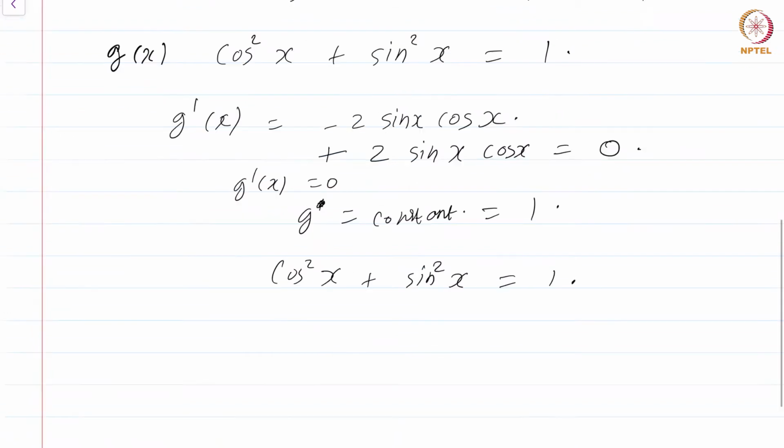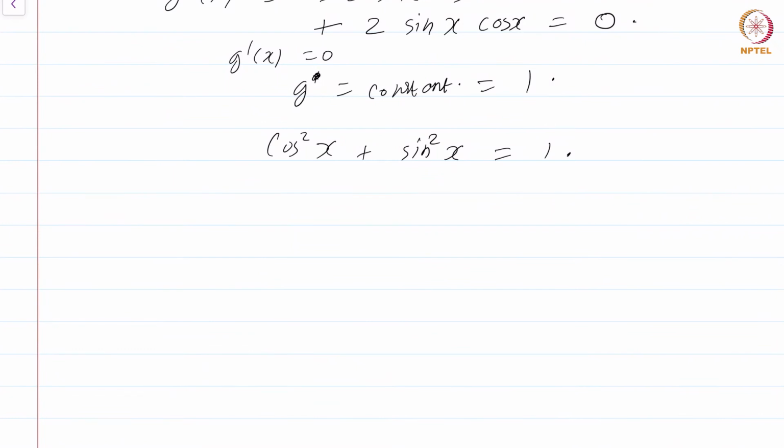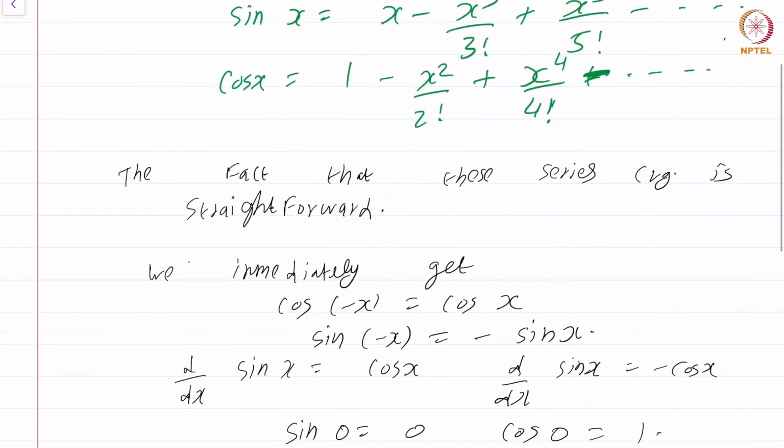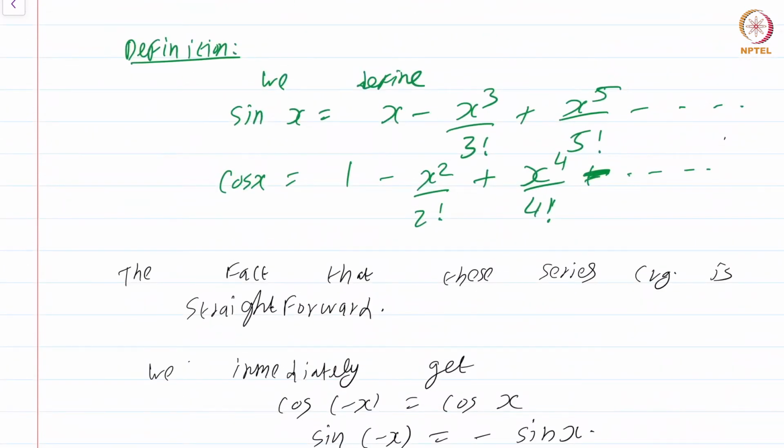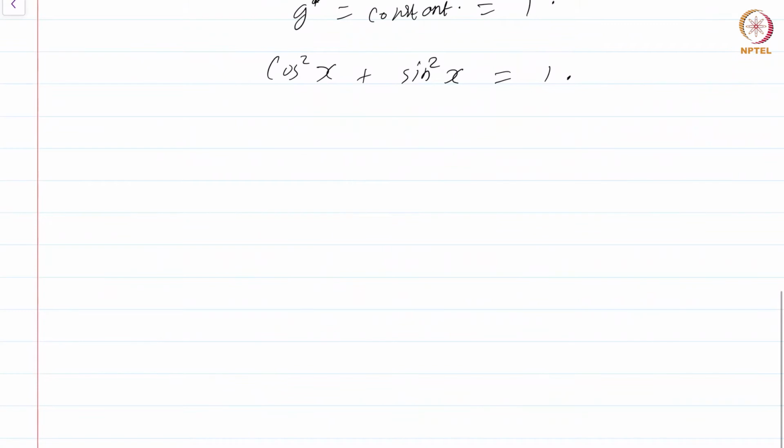Now, how do we know that these power series I wrote down must exactly be the sine and cosine functions that you are familiar with from high school? Well, we know that because of the following theorem, which is very similar in spirit to the earlier theorem which we saw on the exponential function.